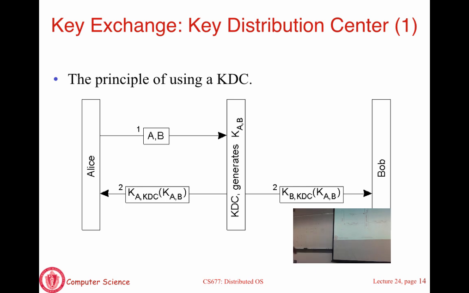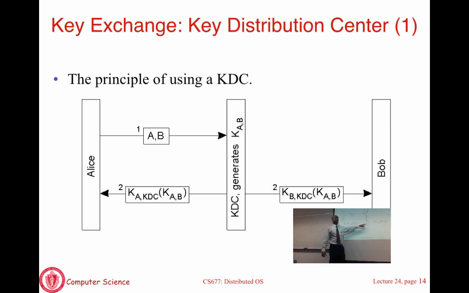In this case, what we will assume is that both Alice and Bob, because they trust the key distribution center, have pre-generated a key so that Alice can communicate in an encrypted way to the KDC, and Bob can also communicate in an encrypted way to the KDC.